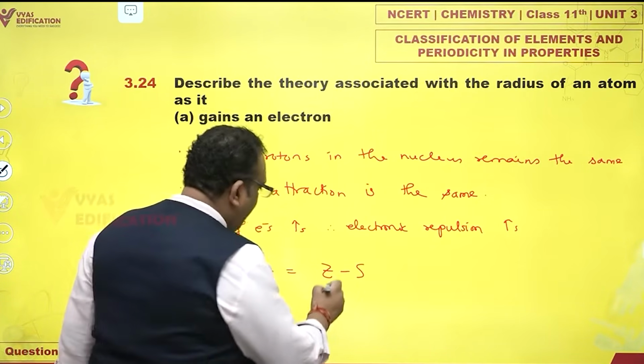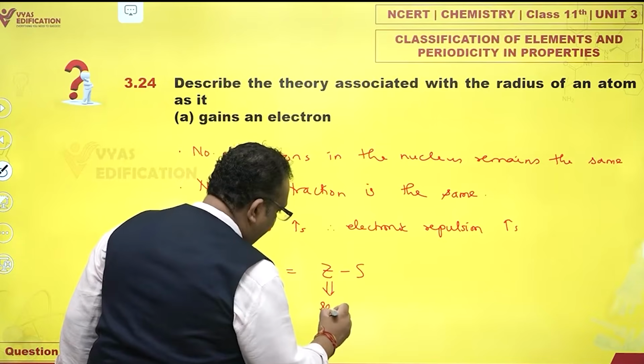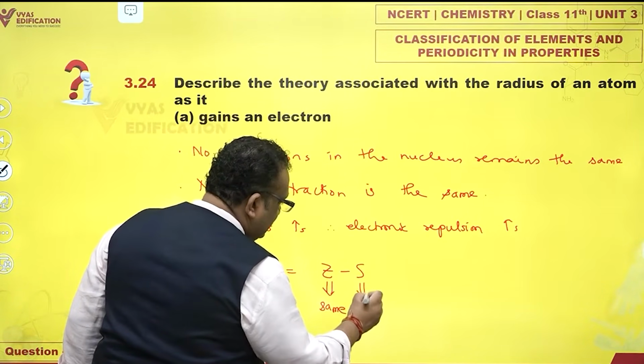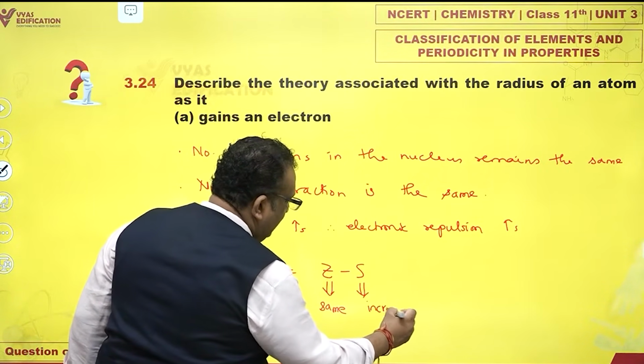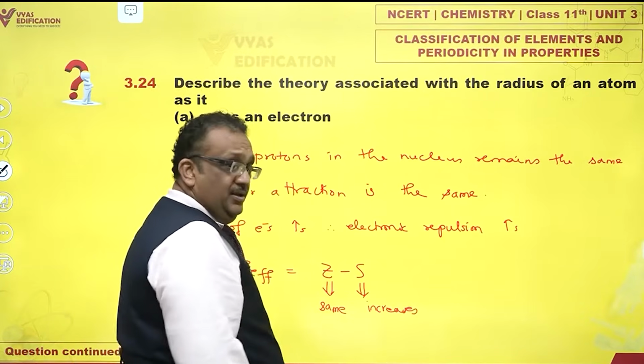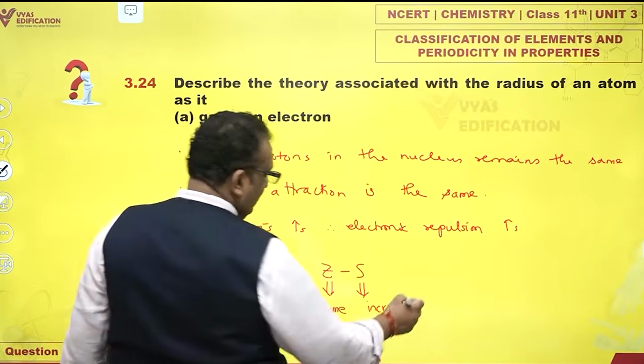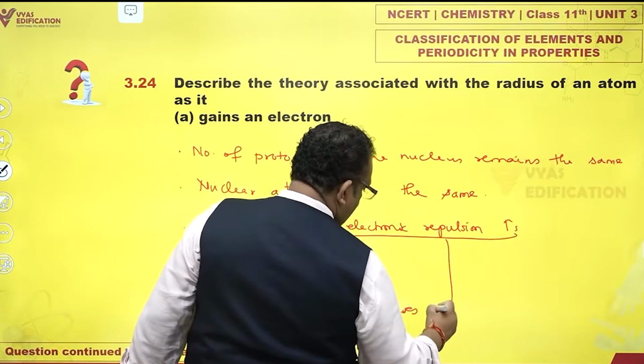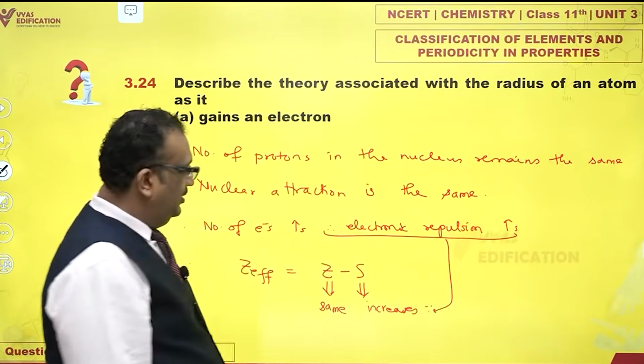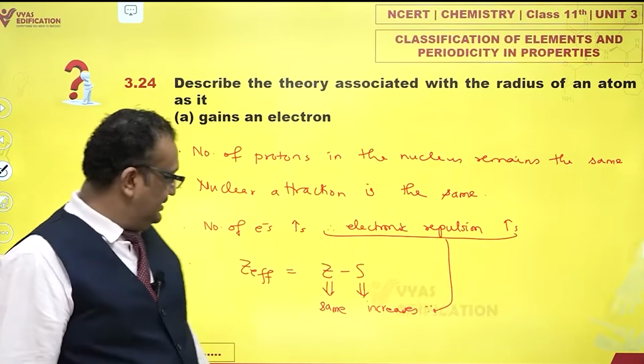Now, atomic number remains the same, but S increases. Why? Because there is more electronic repulsion, so more screening. Because electronic repulsion increases.